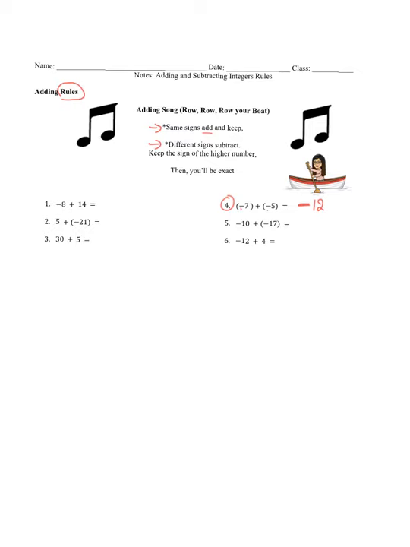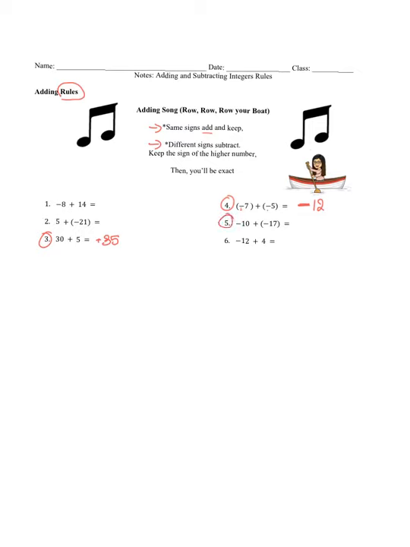Let's try number 3. They are the same side because in front of the 30 there is nothing. That means 30 is positive. 30 add 5 is 35. And they are positive because 5 and 30 are positive. So I add and keep the side. Same thing with number 5.